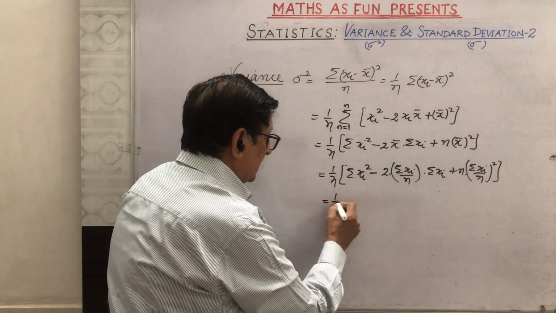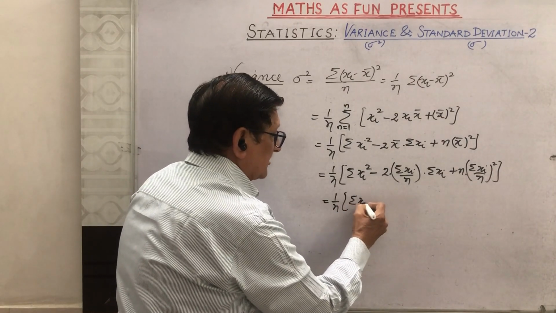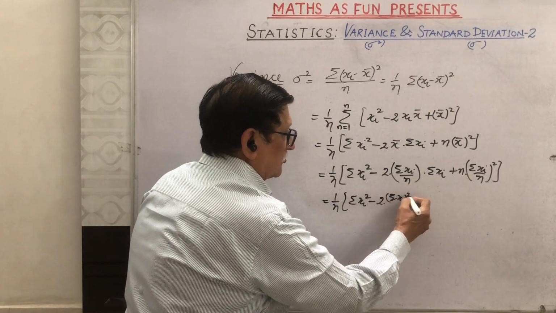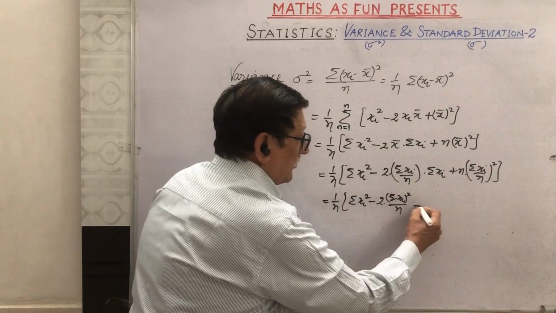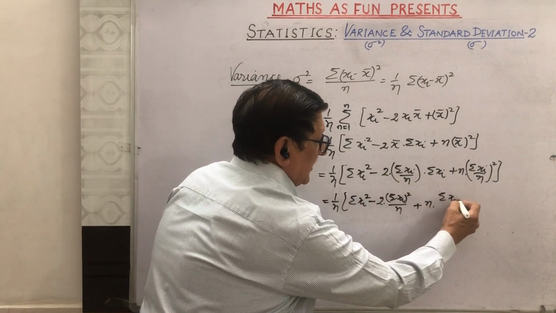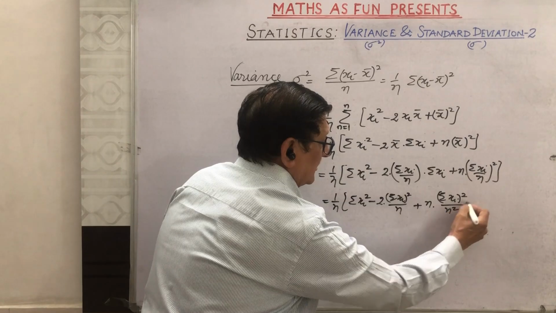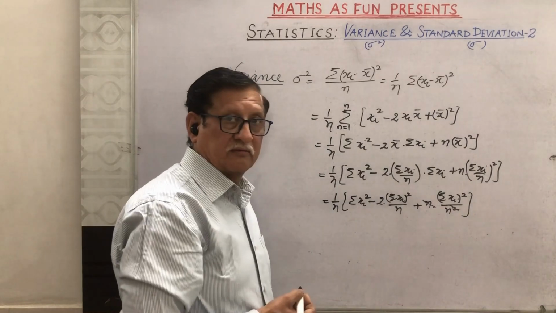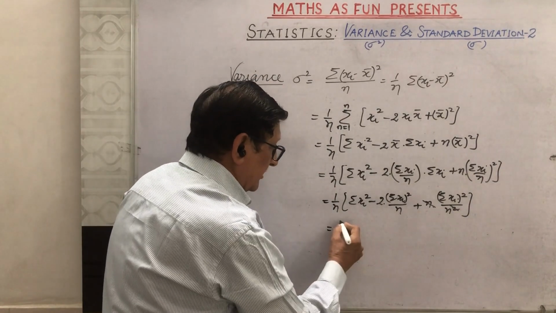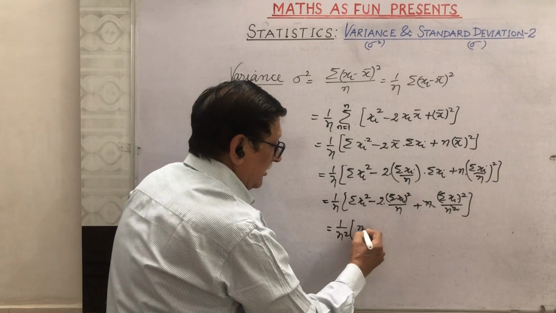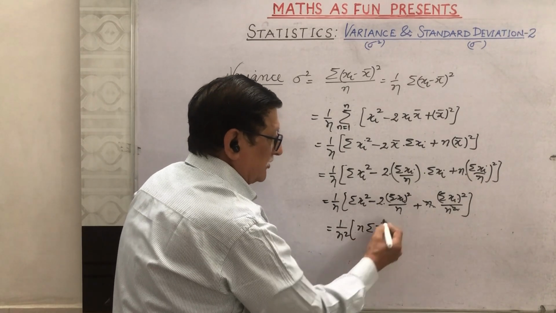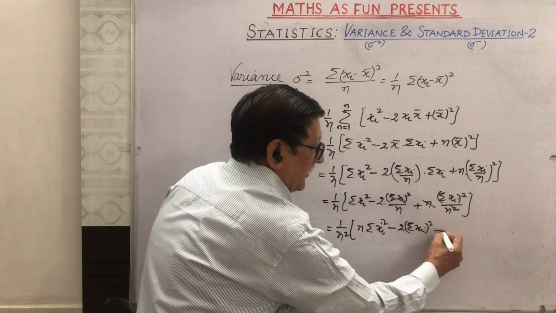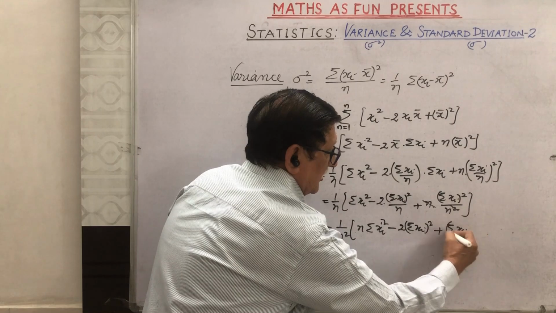Can we write this as 1 upon n sigma xi square minus 2 into sigma xi whole square divided by n plus n into sigma xi whole square divided by n square or not? And here this n cancels the square. And now if we take the LCM here n, this will be 1 upon n square, n into sigma xi square minus 2 sigma xi whole square plus sigma xi whole square.